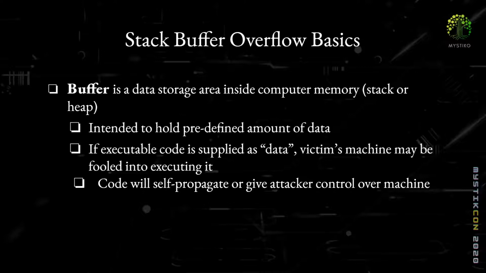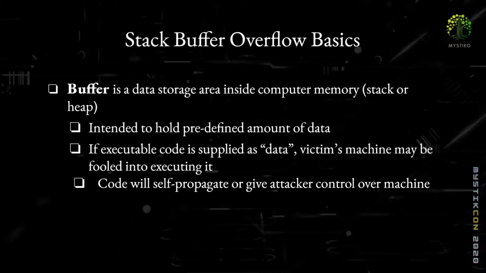Now, if you provide executable code to a buffer, that is, supplied as data, the victim machine may be fooled into executing it. So generally, it is recommended that the stack is not executable in nature. The code will self-propagate or give the attacker control over the machine. So in case of buffer overflow, there may be two possible outcomes.